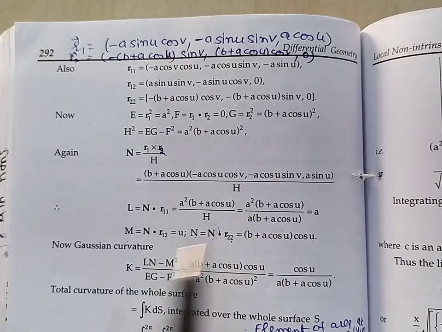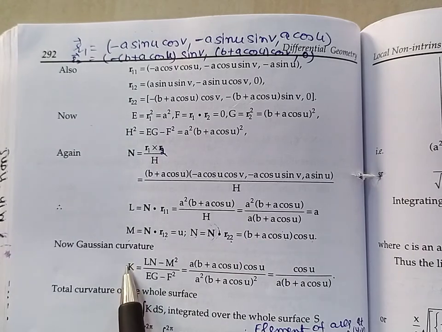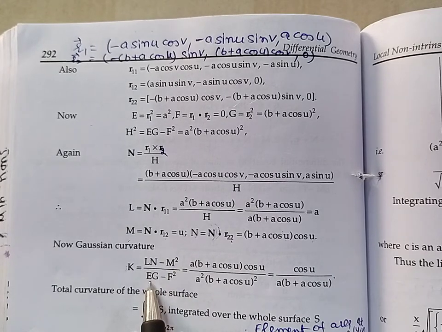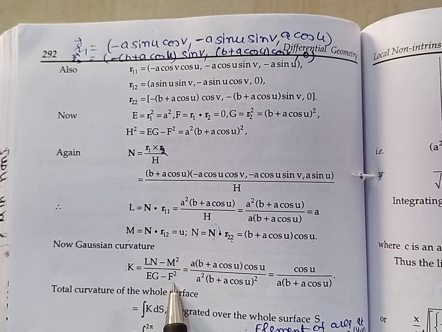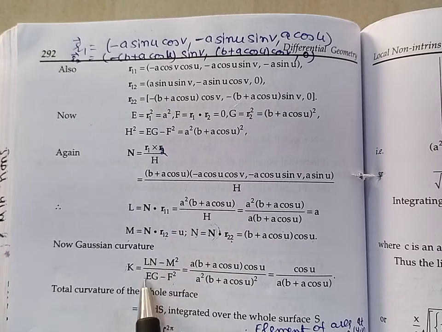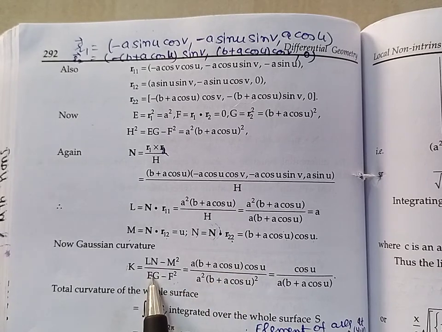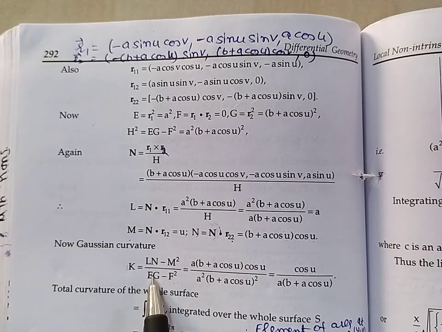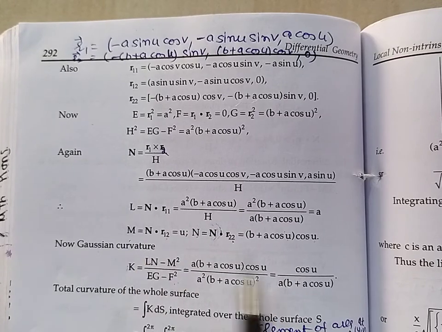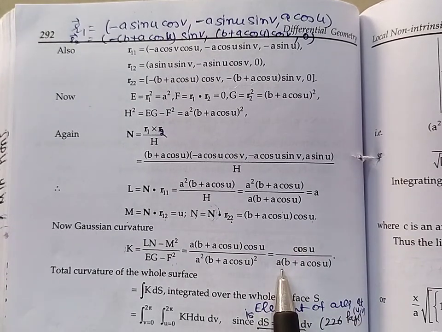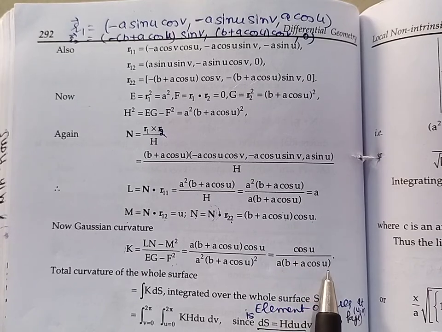Now by definition, Gaussian curvature is given by the ratio of LN minus M square with EG minus F square. We have obtained all the 6 values L, M, N, E, F, G. Substituting all these values here, we get the value of Gaussian curvature, which is given by cos u divided by a into (b plus a cos u).